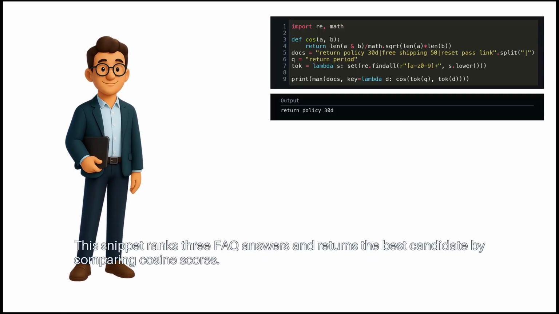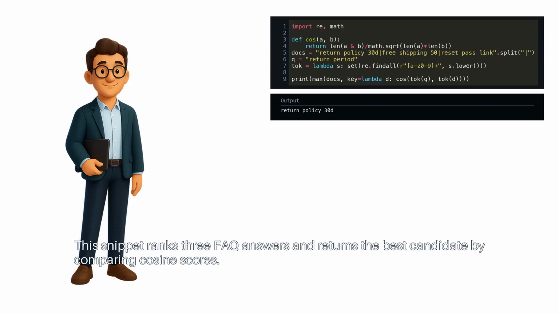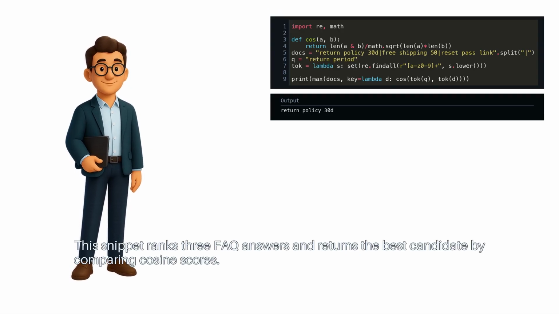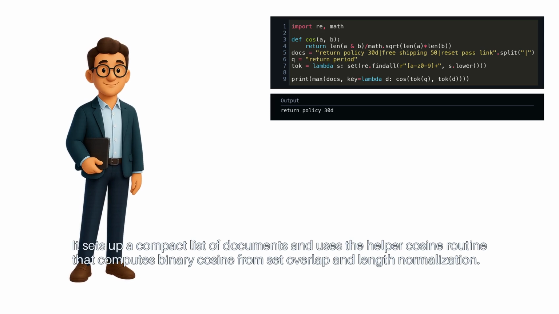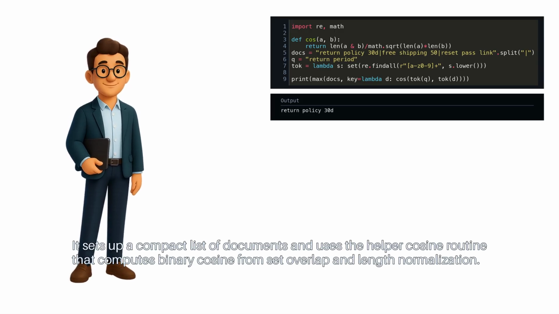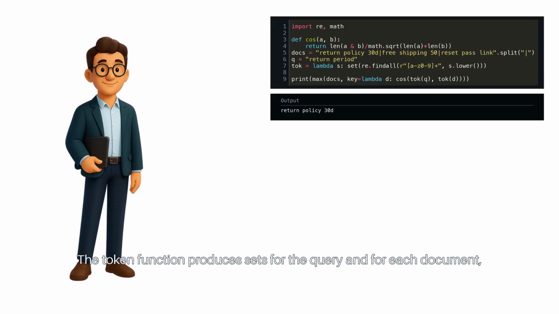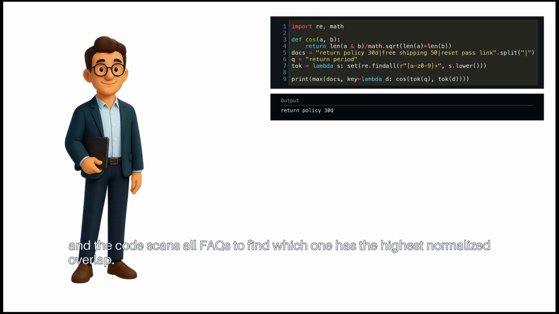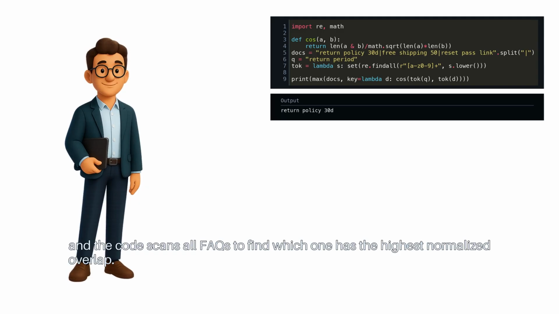This snippet ranks 3 FAQ answers and returns the best candidate by comparing cosine scores. It sets up a compact list of documents and uses the helper cosine routine that computes binary cosine from set overlap and length normalization. The token function produces sets for the query and for each document, and the code scans all FAQs to find which one has the highest normalized overlap.